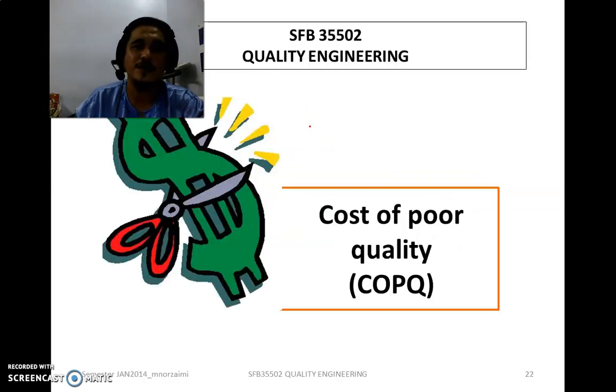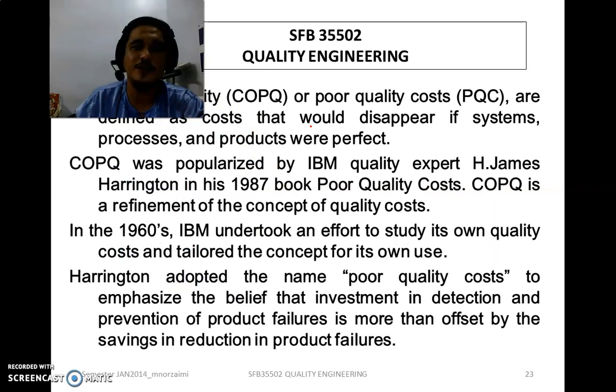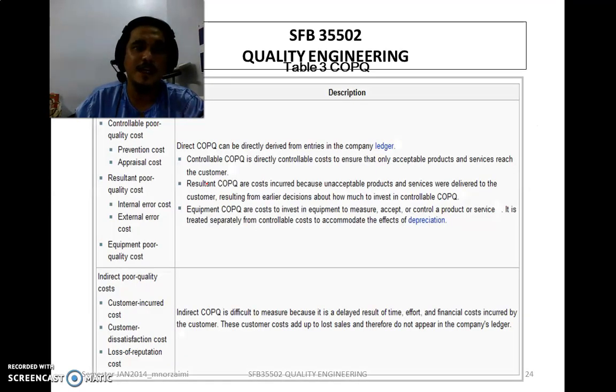Okay, so the cost of poor quality, COPQ, is defined as the cost that would disappear if the system, process, or product were perfect. But in actual, we cannot get the perfect product. We still have quality issues. That's why, as I said during chapter 4, one of the main problems in a production system is variation, because we cannot avoid variation.